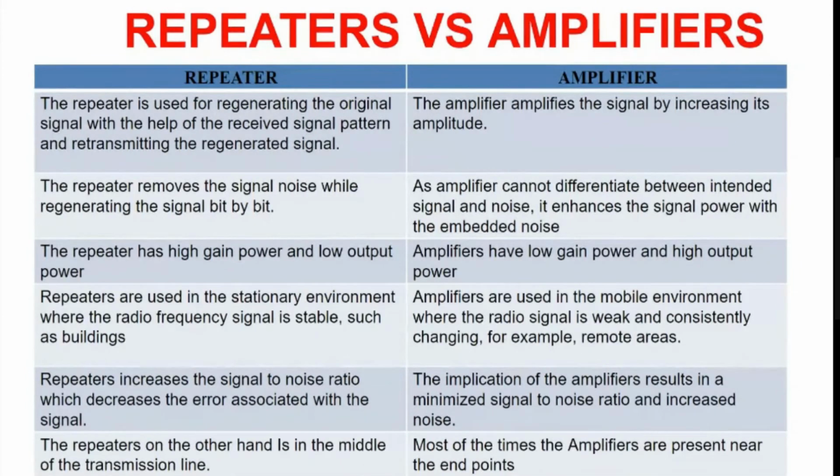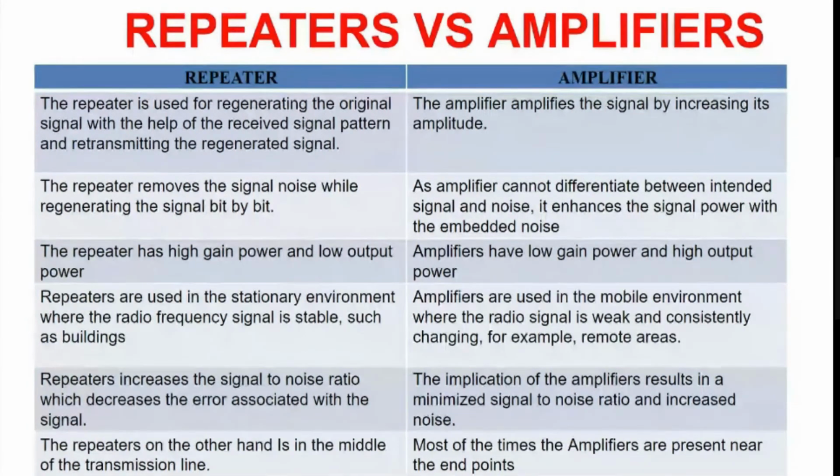Second point here, the repeater removes the signal noise while regenerating the signal bit by bit. That is one of the advantages of using the repeater. It automatically reduces the noise, whatever comes from the source, while it regenerates. So there is no need to reduce the noise again when it is received at the destination.